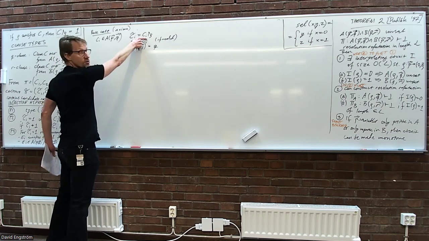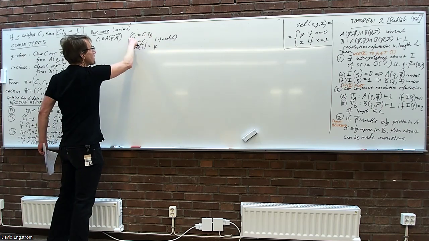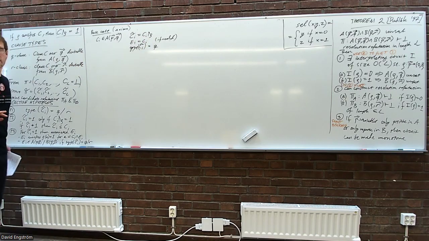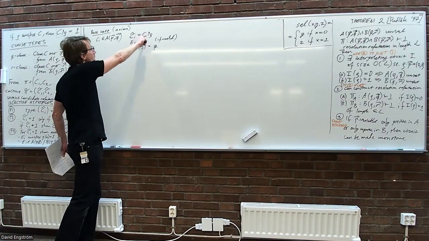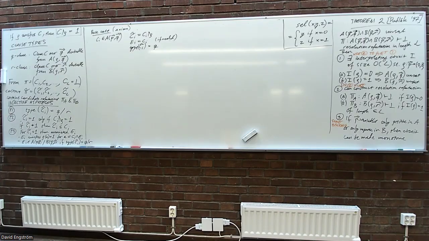If this is not 1, then this clause is just taking CI and removing all the falsified literals, only removing the falsified literals. So if CI tilde is distinct from 1, then we actually have equality here, unless I'm mistaken.